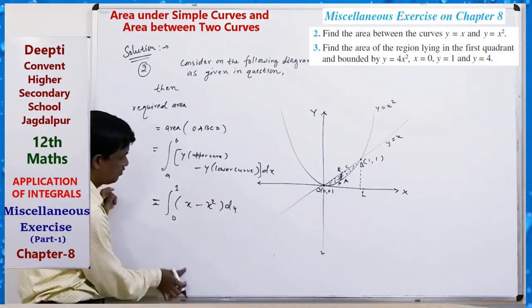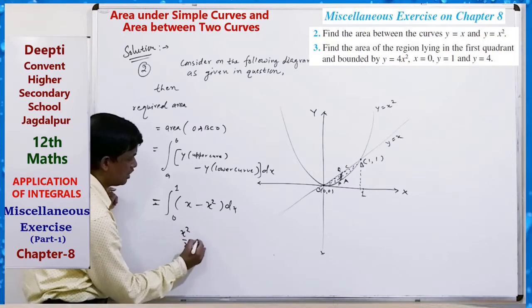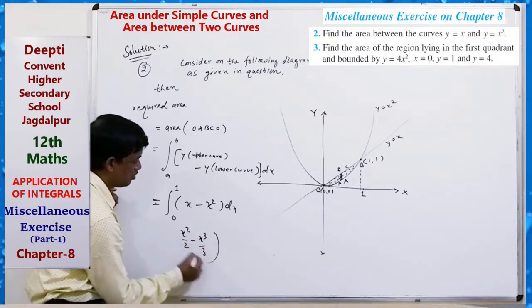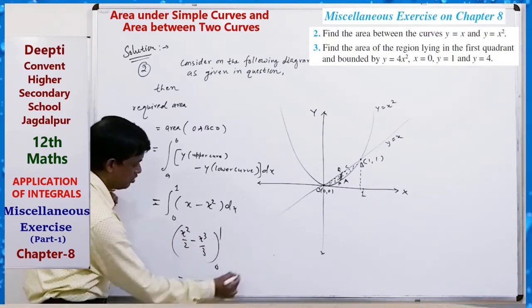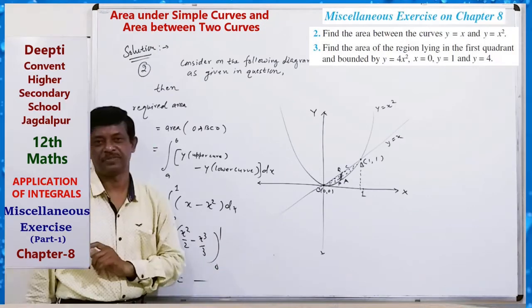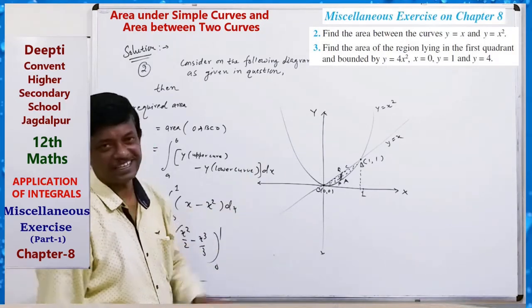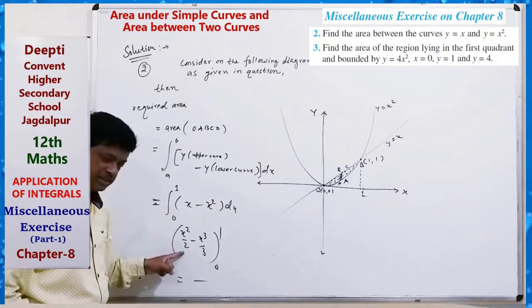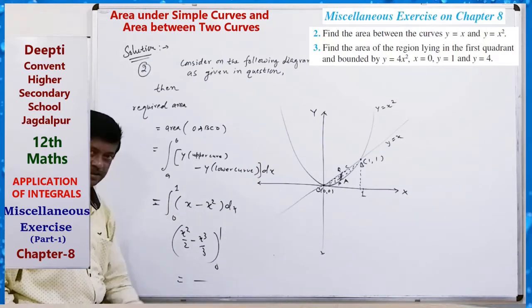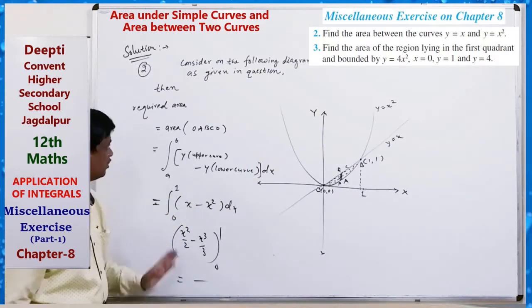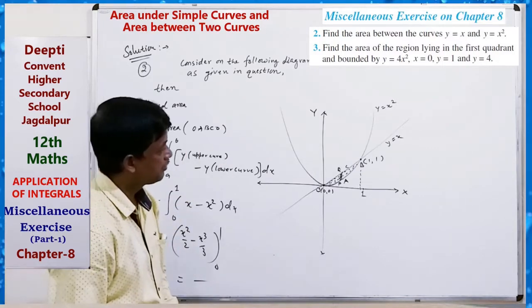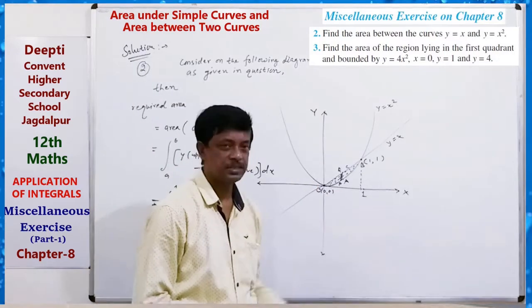Very simple. Integration gives x square by 2 minus x cube by 3, and put the limit 0 to 1, you can get that. Clear? So this was the second question. You have to do it completely in your copy, tell it with the answer. Okay. So this is the diagram of the second question.